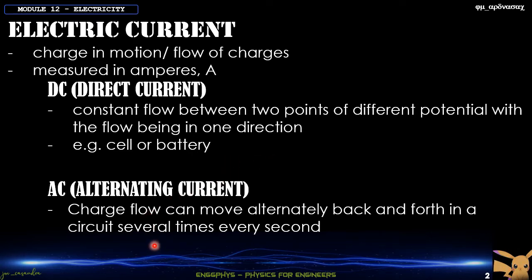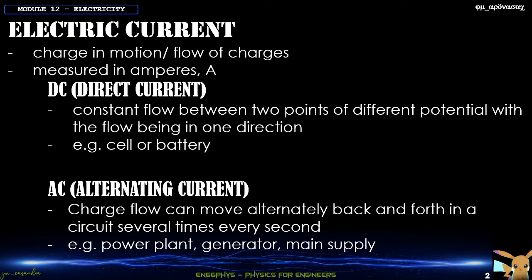And then we have alternating current, for which examples are power plants, generators, and the main supplies of your house.